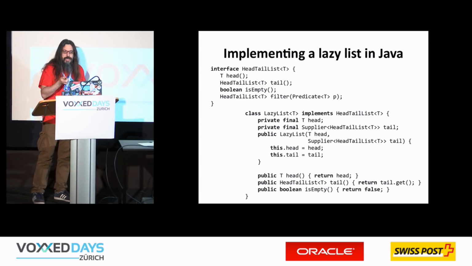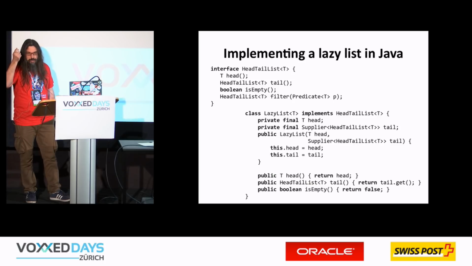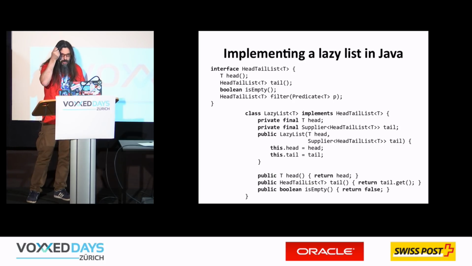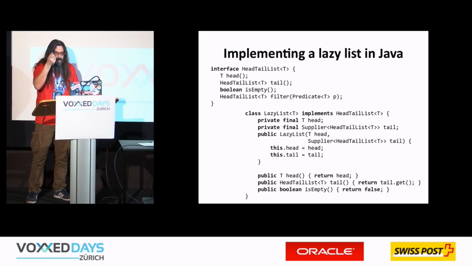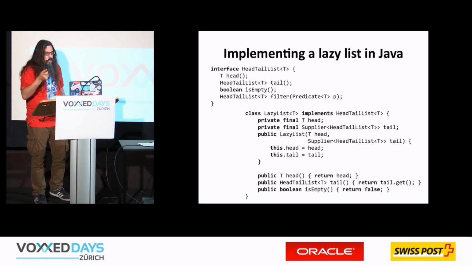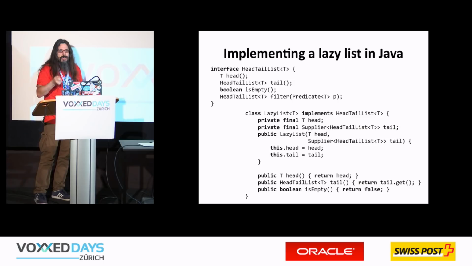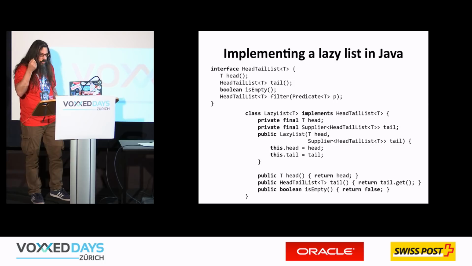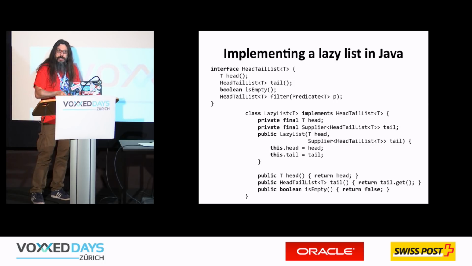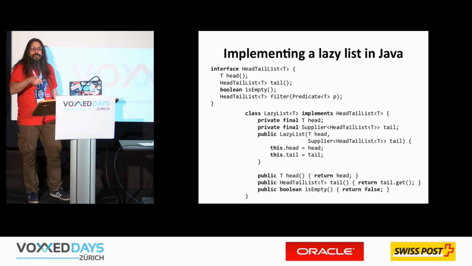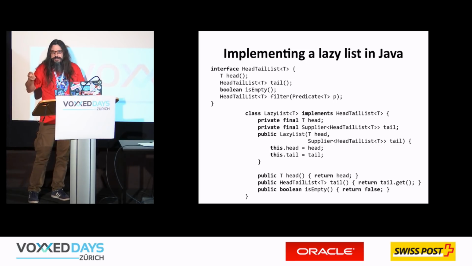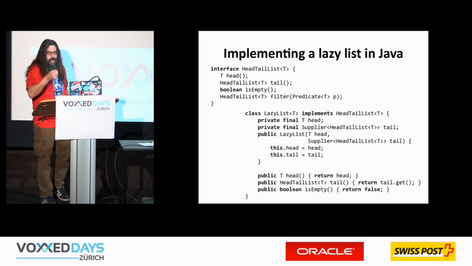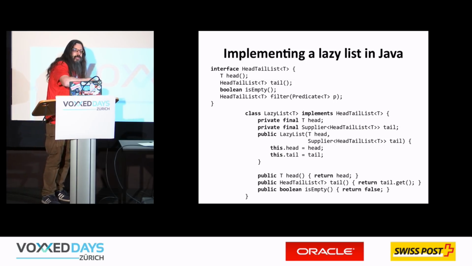So this list is made by the first element, which is the only element that I have really already calculated at that point, and the tail hasn't been calculated yet. I just have a supplier of the tail. So when you call tail, you will be returned another lazy list, which is the remaining part of the list where only the first item has been calculated.